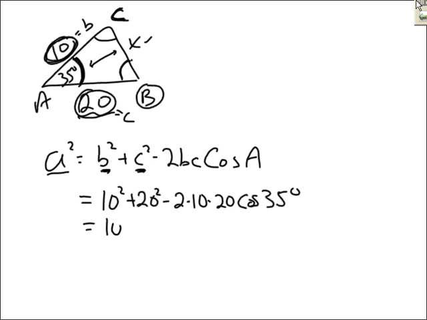You can hit 10 squared, your calculator will say 100, plus 20 squared, I'll say 400, minus 2 times 20 is 40, times 10 is 400, times the cosine of 35. The cosine of 35 degrees is approximately 0.8192.